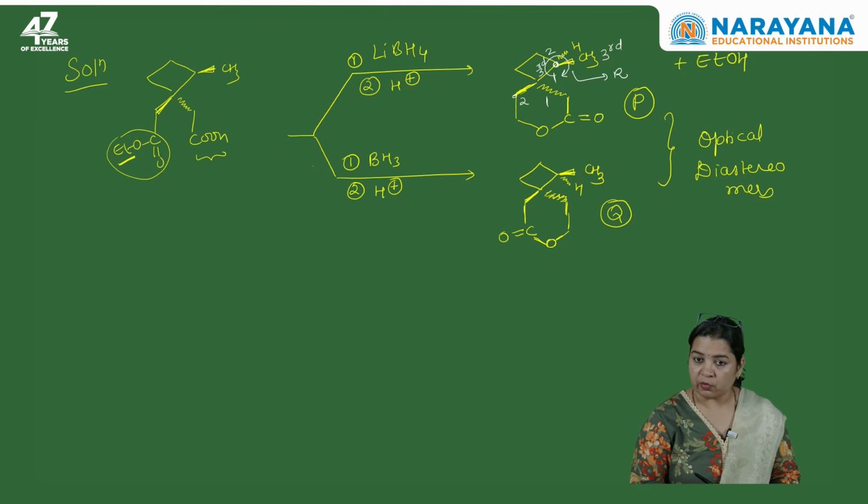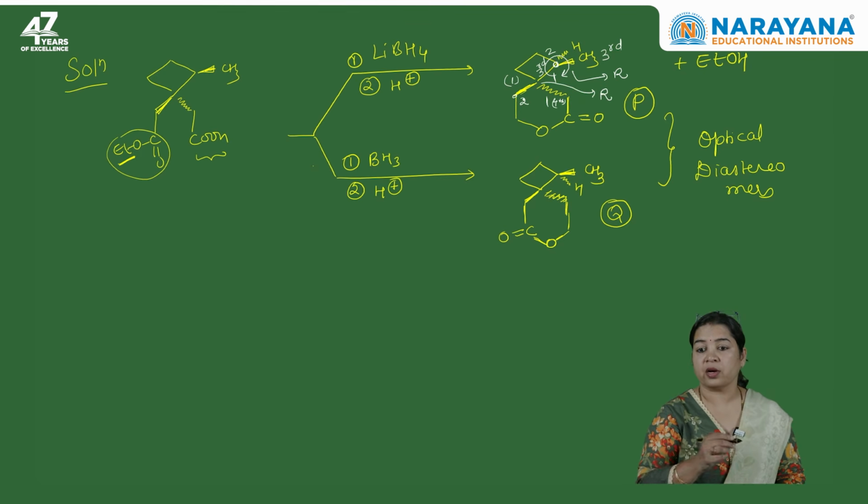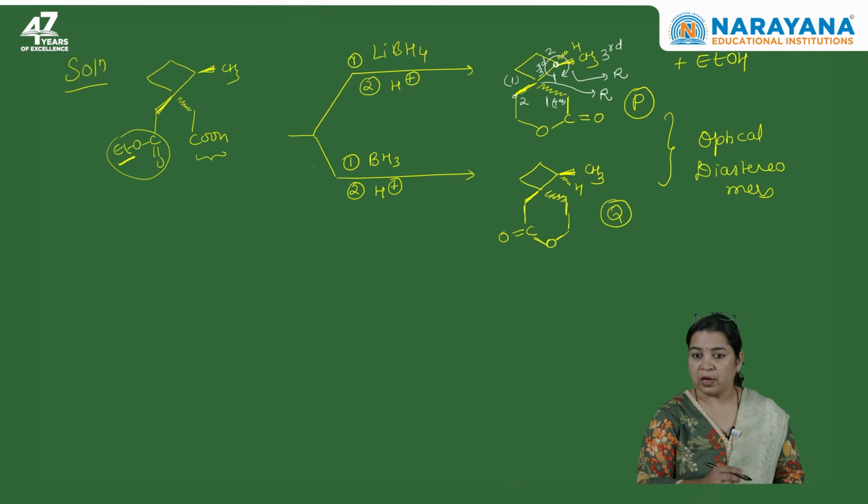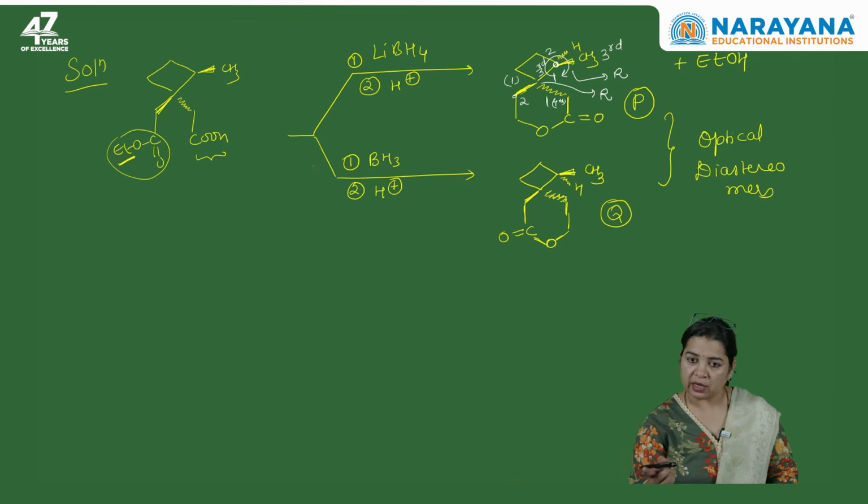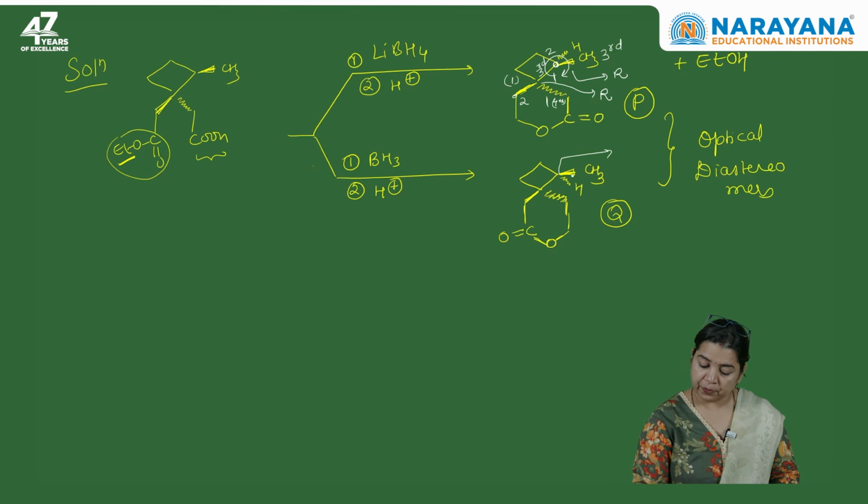So better I first make an exchange. This fourth is kept here on dash. First, second, third, anti-clockwise. So I'll report this answer as R, because after the exchange I got anti-clockwise; before exchange, it must have been clockwise. Considering the same CIP priority, this is R.